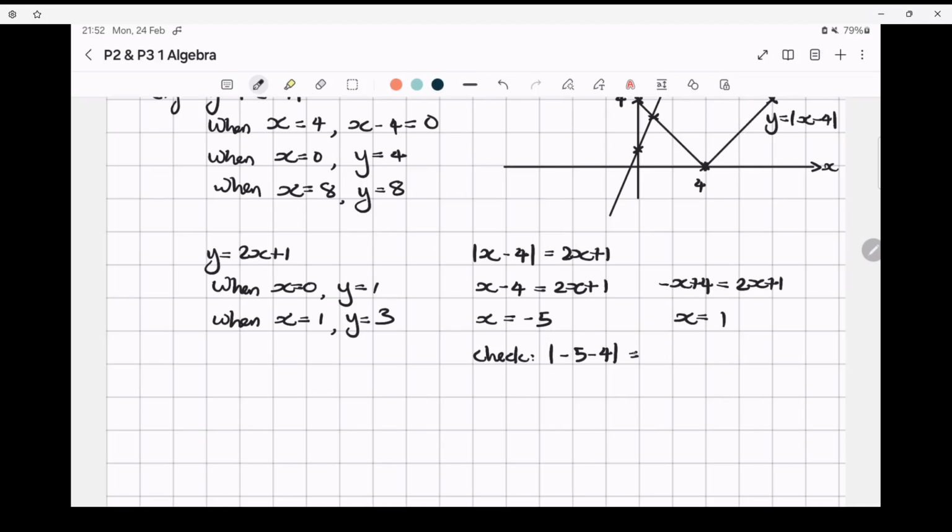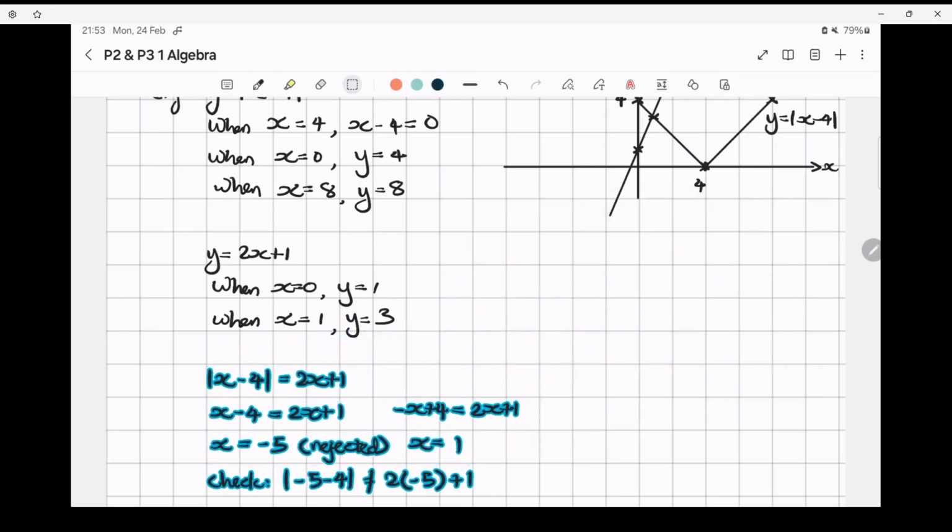The right side is 2 times minus 5 plus 1, which is minus 9. So the left side is plus 9, the right side is minus 9. So what does this mean? This means that this is not a solution.